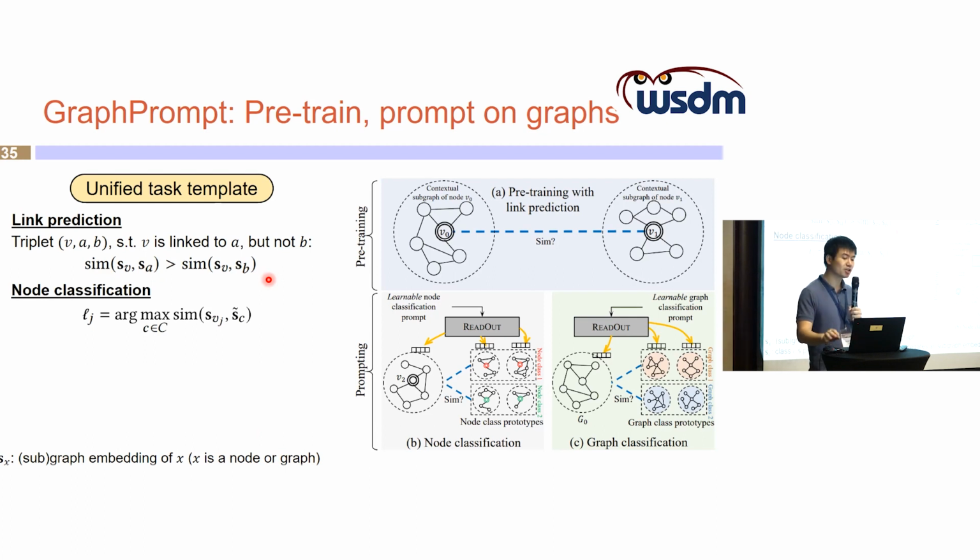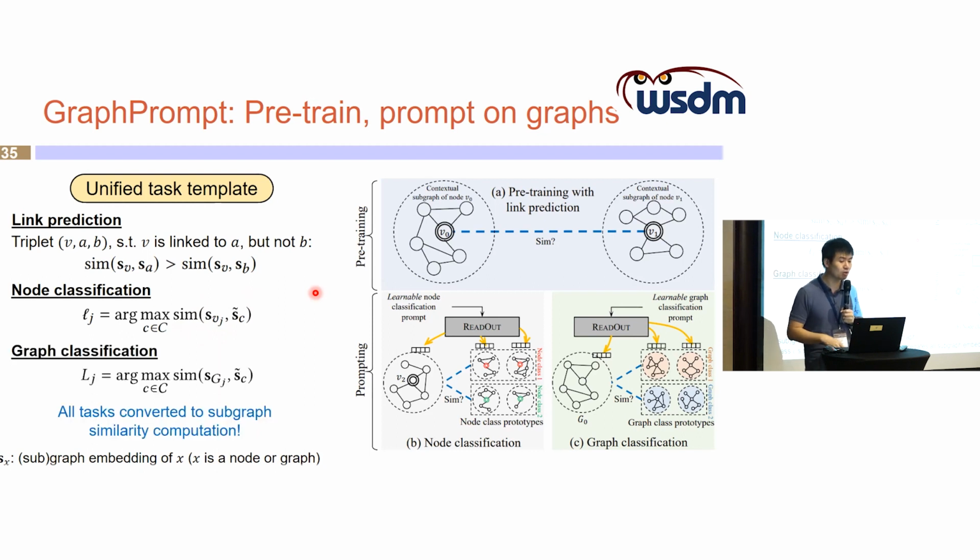Basically, we look at the node's subgraph and the class prototype subgraph. The class prototype subgraph is constructed from the given label data. Then we compute the similarity between the node's subgraph and the prototype subgraph. Whichever has the highest similarity guides us to classify into that class.